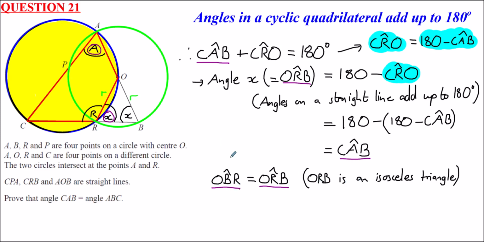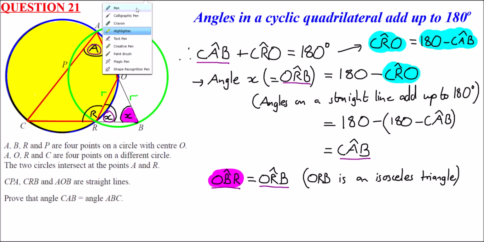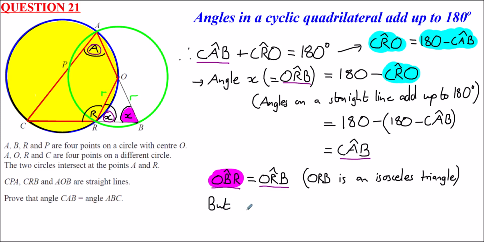But as well, if we just take a step back and look at OBR, then OBR, this angle in the corner, is also the corner angle in the bigger triangle from A to B to C. So finally we can say, but OBR also equals angle ABC.